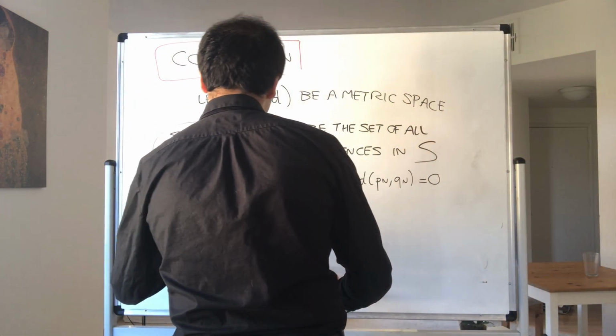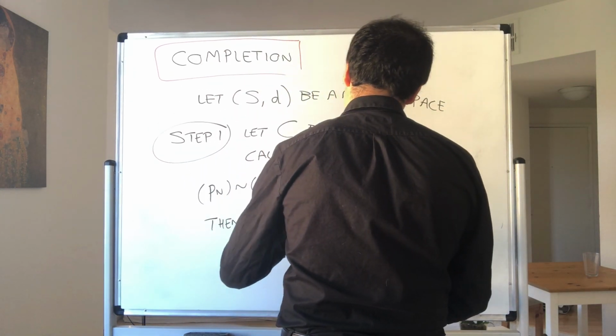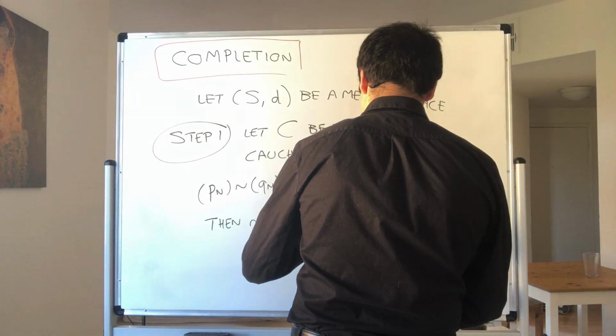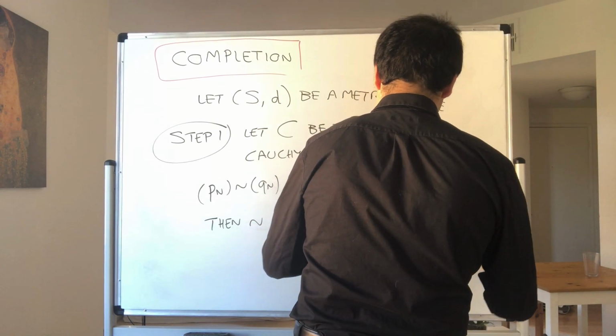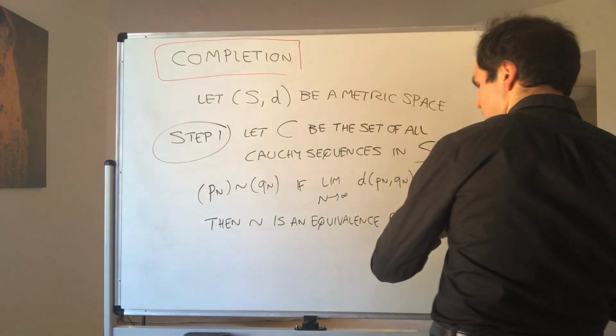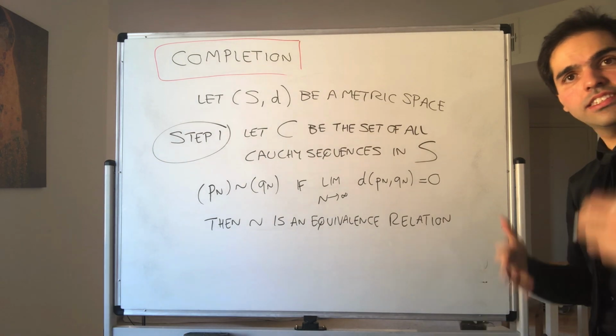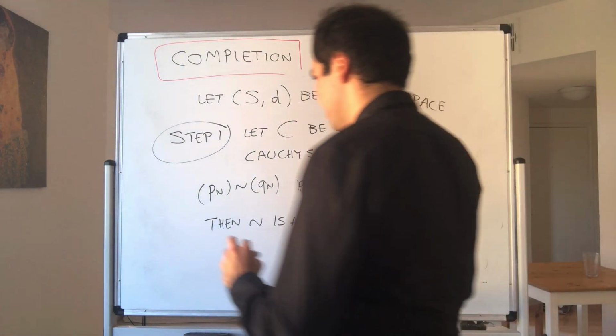So squiggle is an equivalence relation. And therefore, we can just let S prime be the set of all equivalence classes of C.